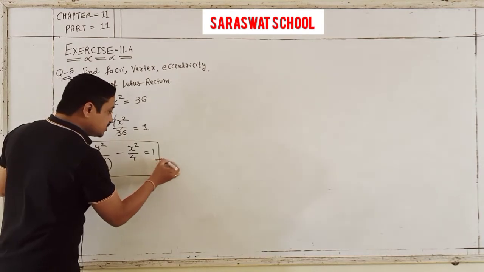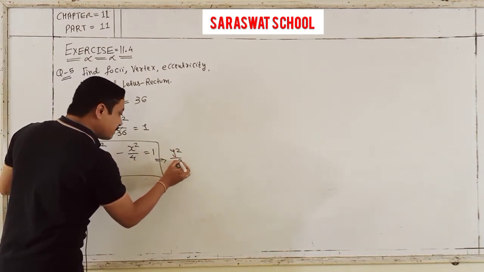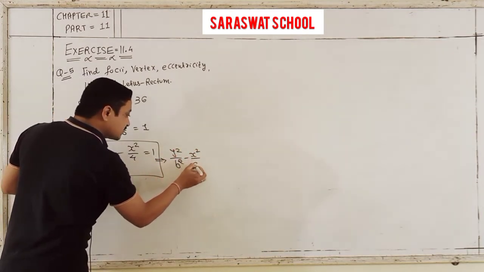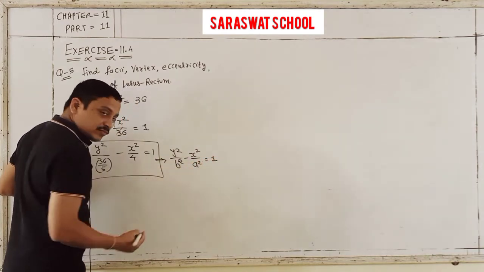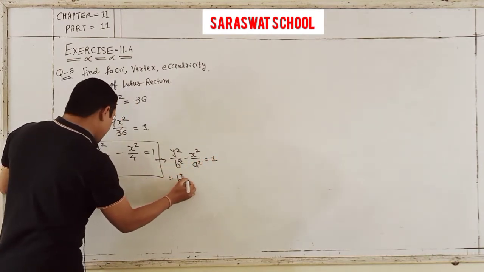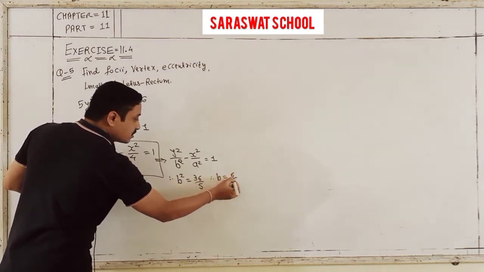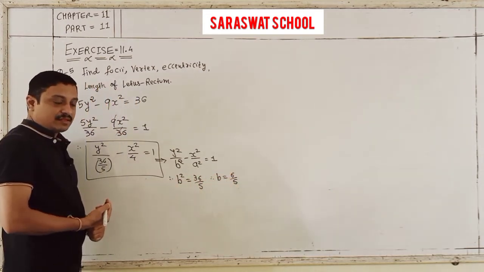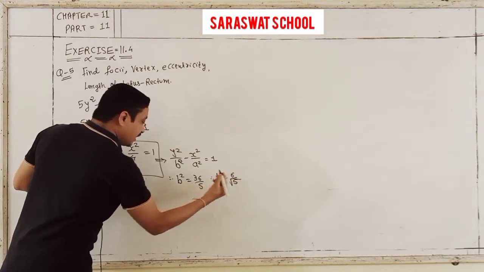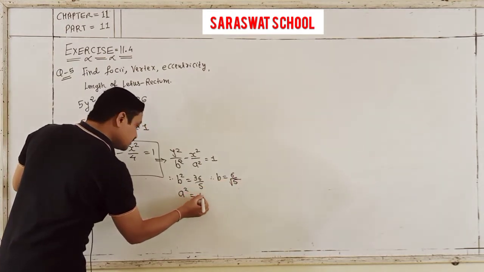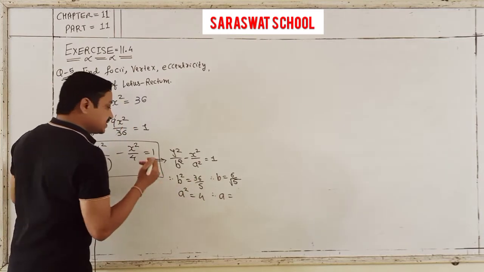So what is the comparison? y square by b square minus x square by a square is equal to 1. So your b square is 36 by 5, definitely b is 6 by root 5, and a square is 4, so a becomes 2.